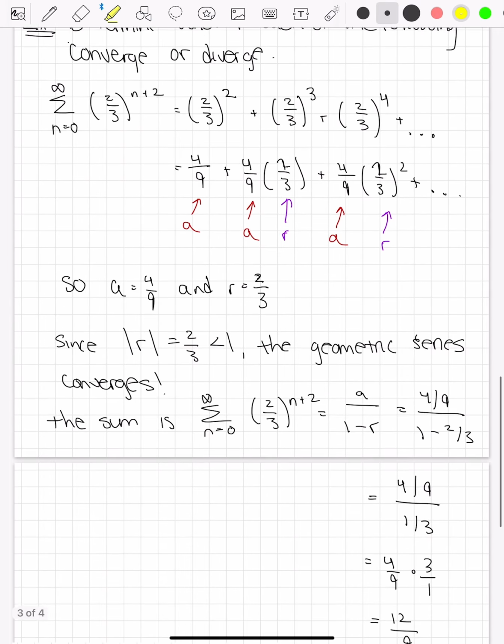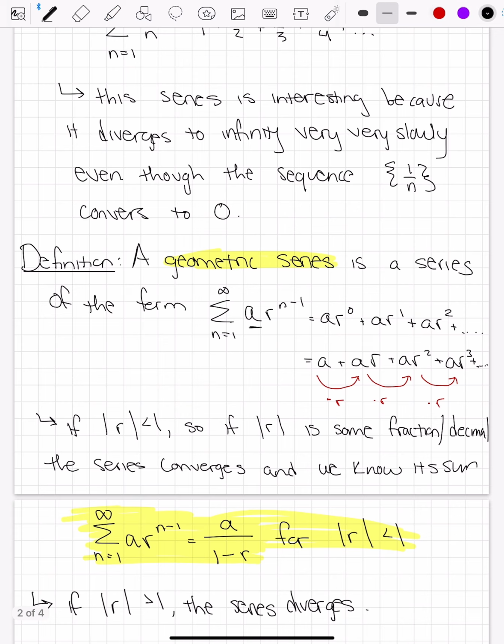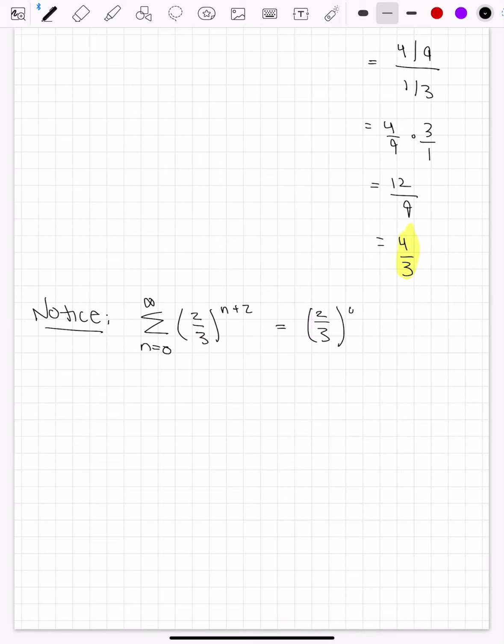And one thing that I want to note, which you might find weird, is why did this series start at 0? Well, it doesn't matter where you start your series. Notice that if we wanted to start it at n equals 1, we just need to make sure that our first term is the same. Here our first term has exponent 2, because it's 0 plus 2, so that's (2/3) squared. I'm going to write the dot dot dot, since technically this is this whole sum, not just the first term.